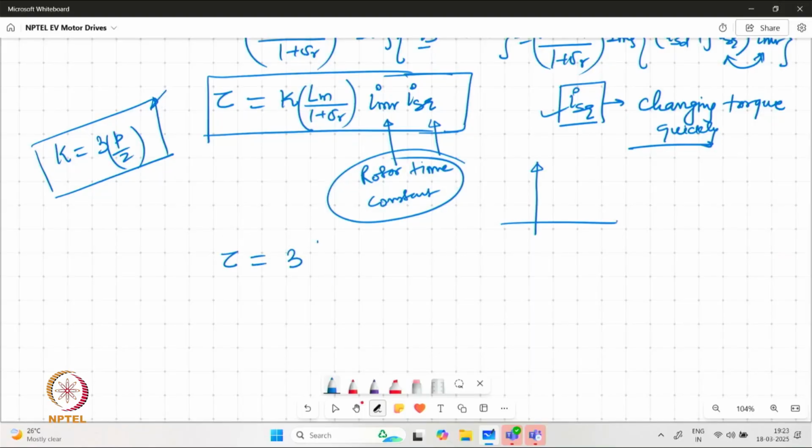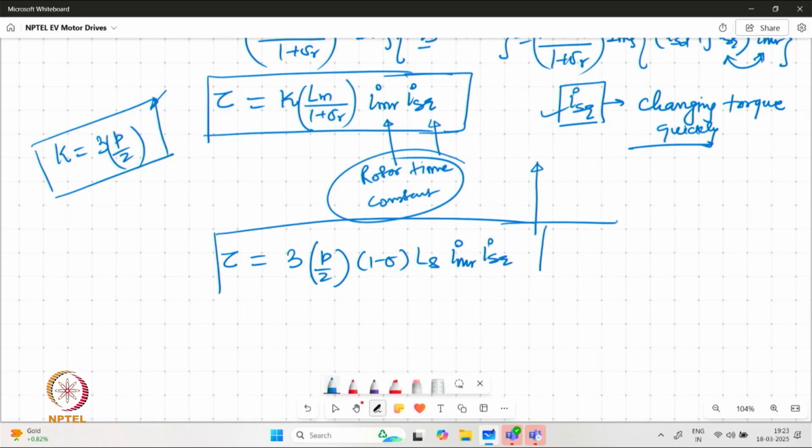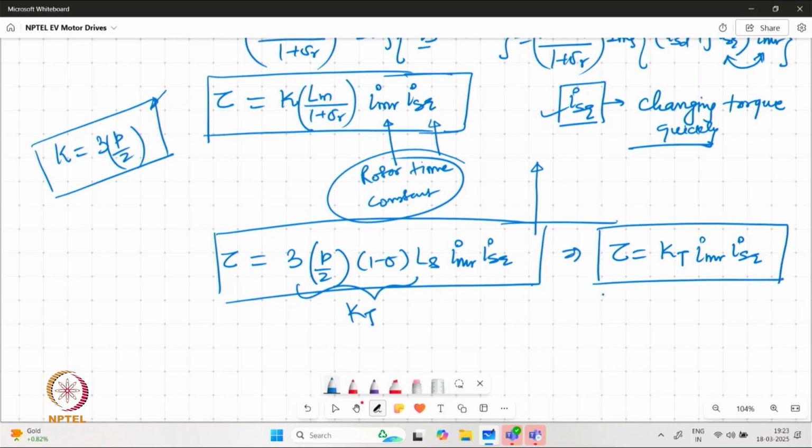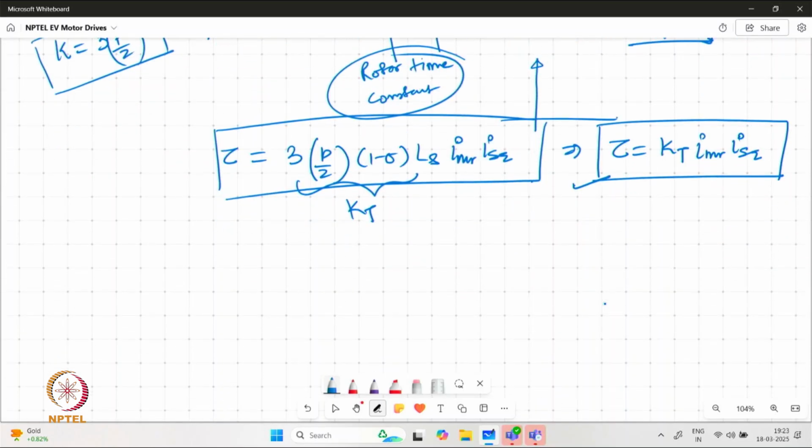So the torque expression altogether can be written as, so the factor other than the currents can be written as KT, and we have torque given in terms of KT, IMR, ISQ. So this gives us the electromagnetic torque generated in the induction motor.